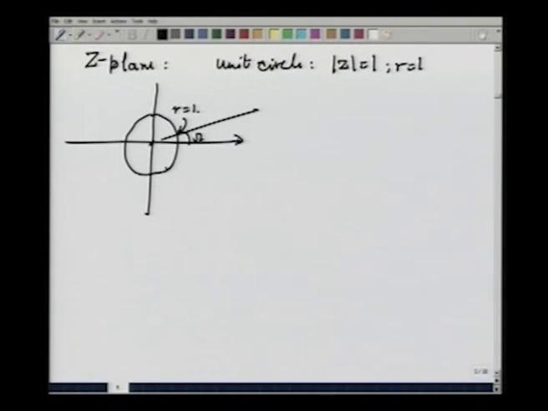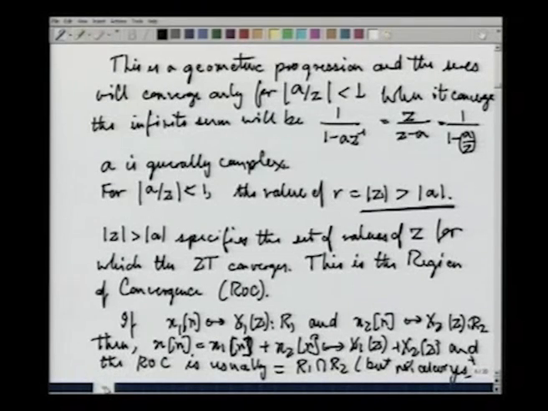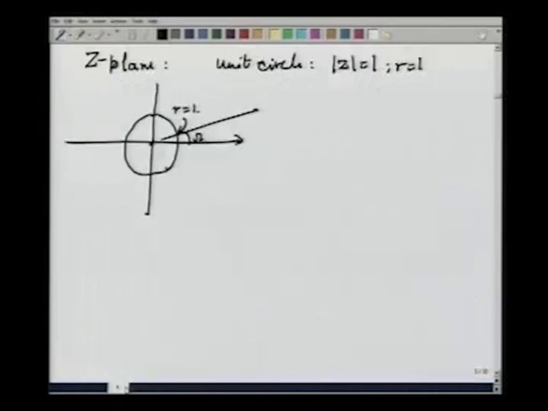So, now given one ROC and another ROC, we can try to see how to plot them. If we take the first example of the problem we have solved, where a was a certain complex number and we found that the ROC corresponded to mod z greater than mod a. Let us say that this point that we have marked with a cross is a.